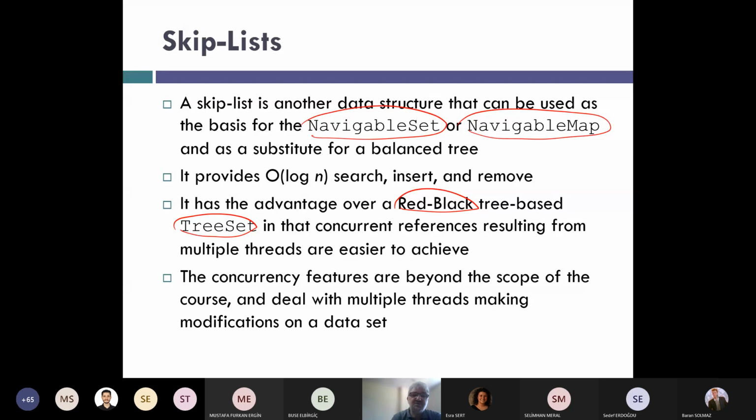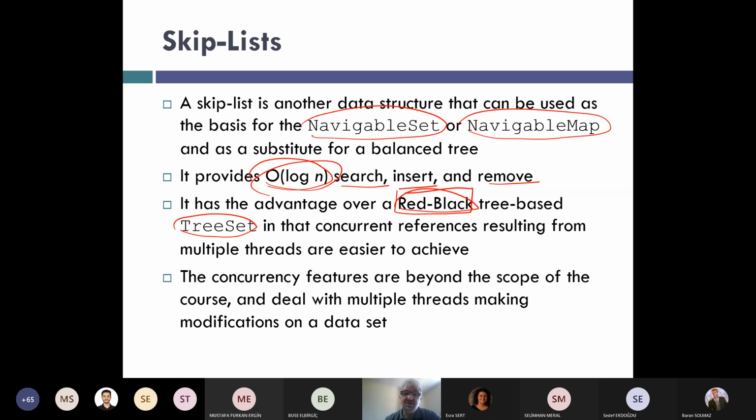and it provides logarithmic search, insert, and remove operations. But remember, the red-black tree has worst-case logarithmic time, but a skip list has worst-case linear time, while the average running time is logarithmic, like in quicksort.